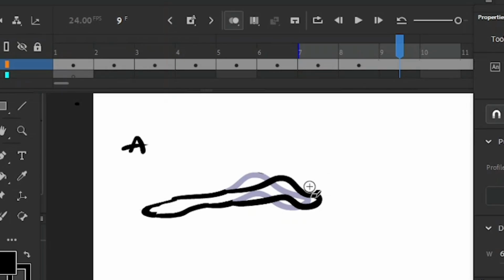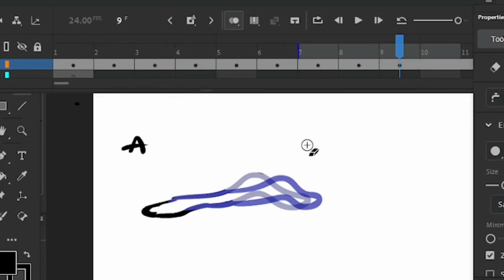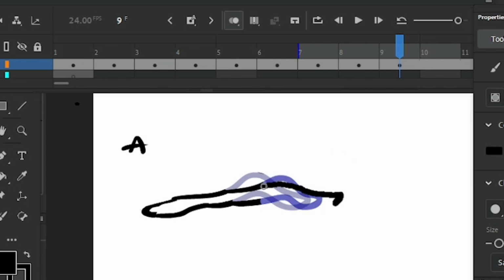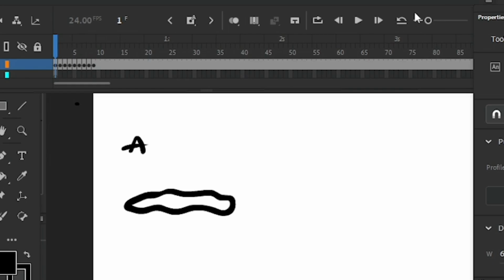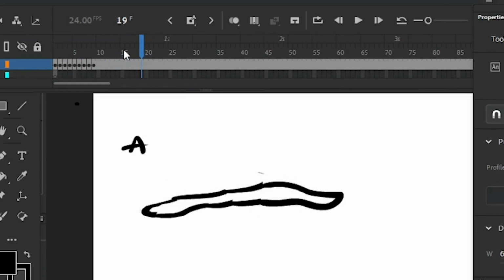Do the same thing here on the next keyframe. So those are stretched out here completely. So you can see the stretch. You're following.